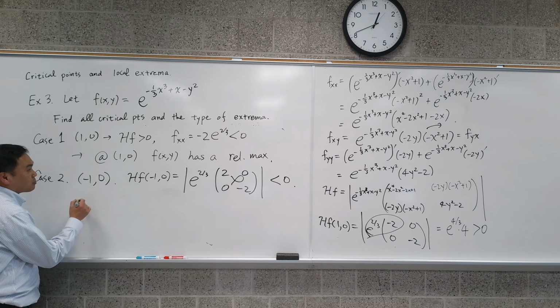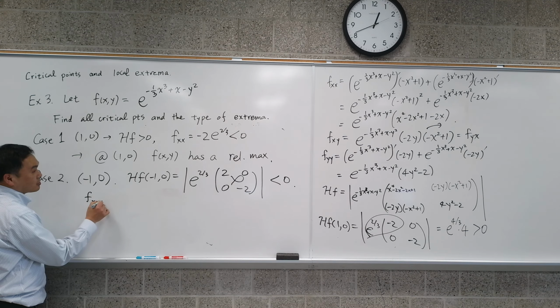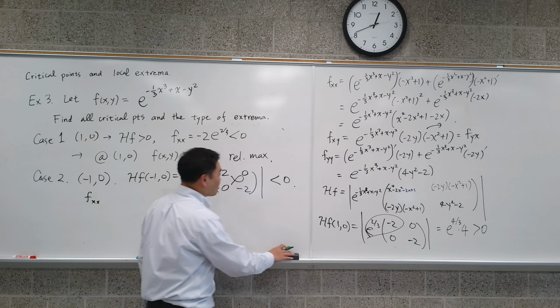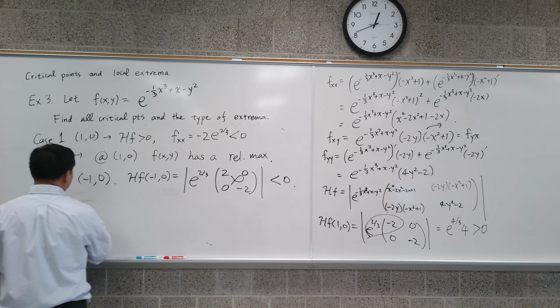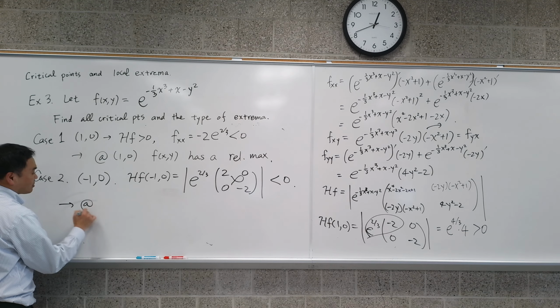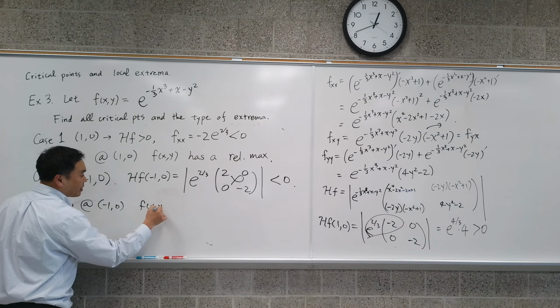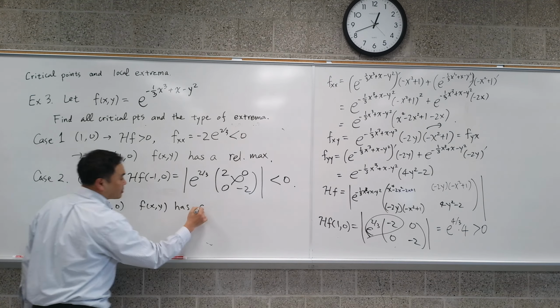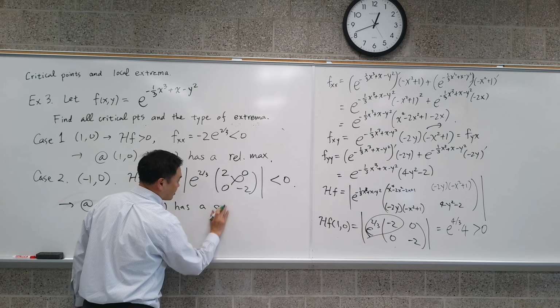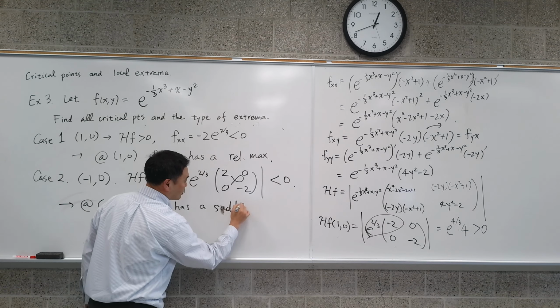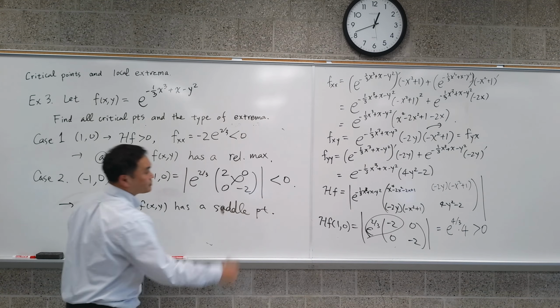And then, furthermore, fxx, oh, but it's negative, but I don't even have to look for fxx. So what do we know? That means at negative 1, 0, f has a saddle point. That's it.